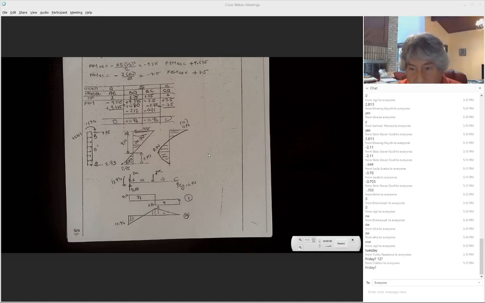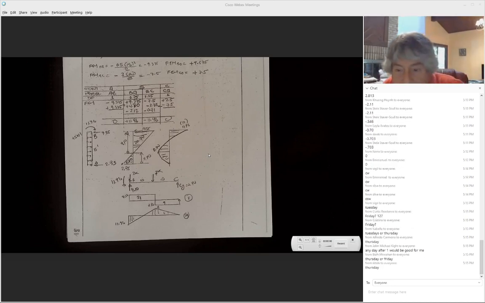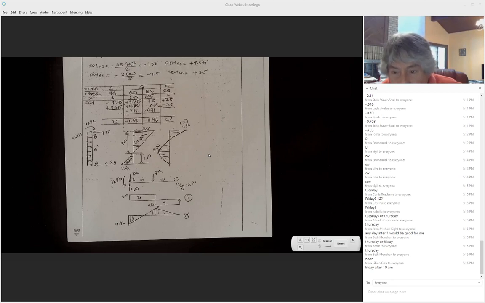Tuesday, Friday, well, Tuesday or Thursday. Thursday. But what time? Thursday, any day after one would be good. Thursday or Friday. It looked like Thursday or Friday are the best days, but I think that some people have classes on Friday.